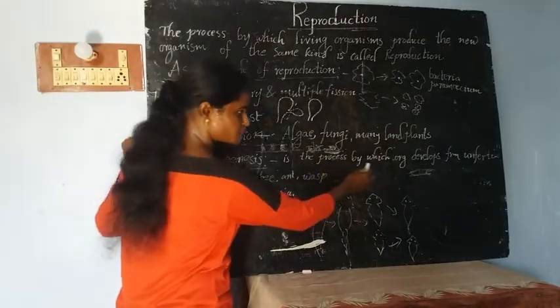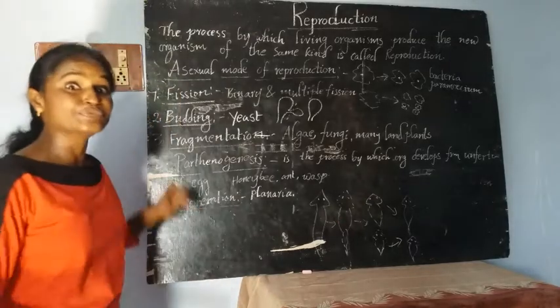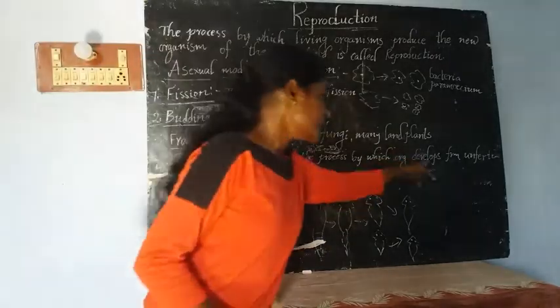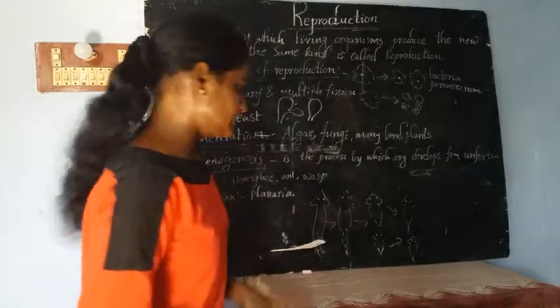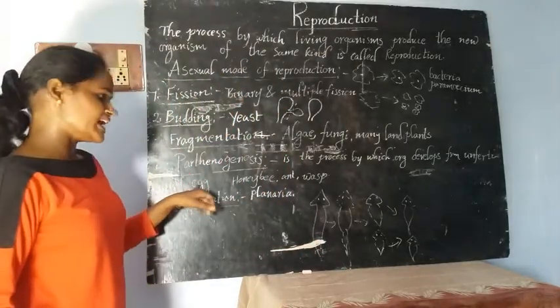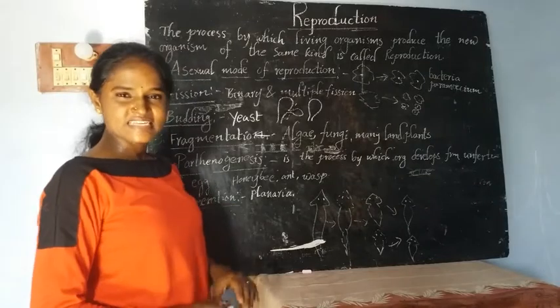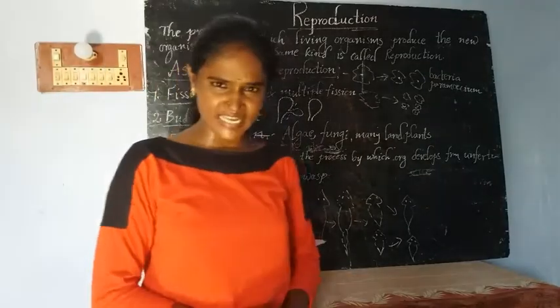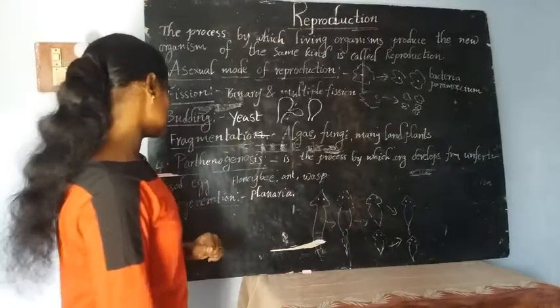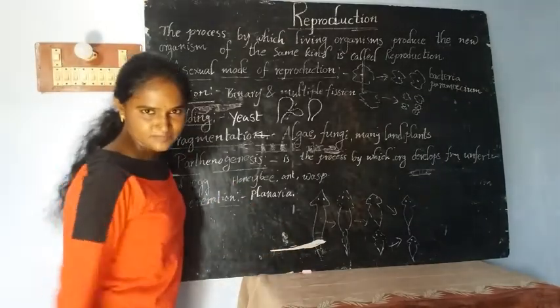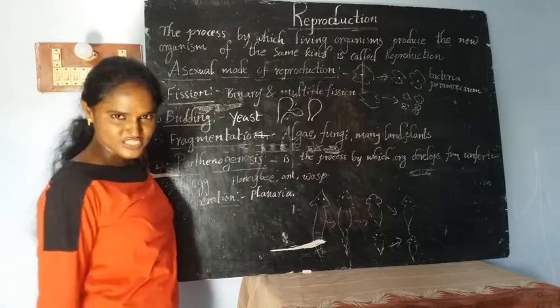Parthenogenesis is the process by which a new organism develops from an unfertilized egg. Unfertilized egg means there is no fertilization. The egg is directly converted into a new organism. That is called parthenogenesis.